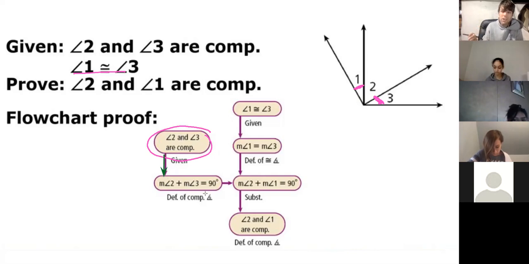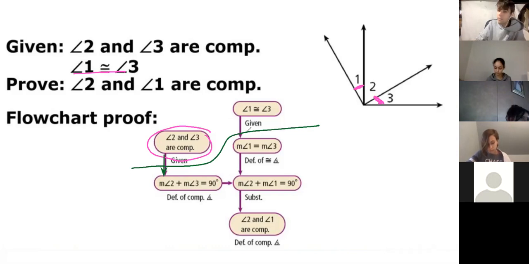We are seeing where the ideas are connecting, how we're taking these separate given informations and combining them down into our final conclusion. I also like to think about flowchart proofs in terms of kind of layers. The top layer, or the first layer, is anything that is given to us or anything that we can infer from the picture.